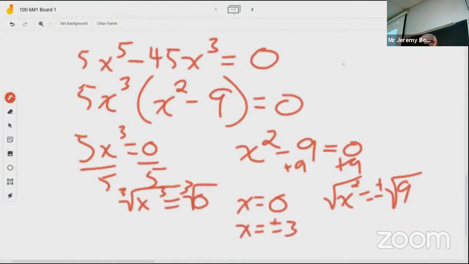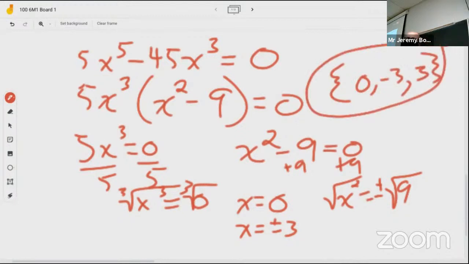So my solution set for this one is going to be 0, negative 3, and 3, or the set containing those numbers. Order doesn't matter that you write them in there, just as long as you have all of them. The main thing you would forget is the negative.